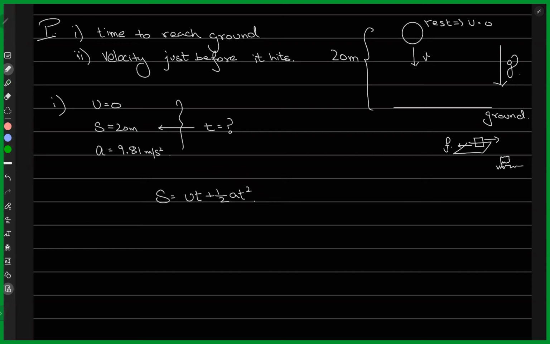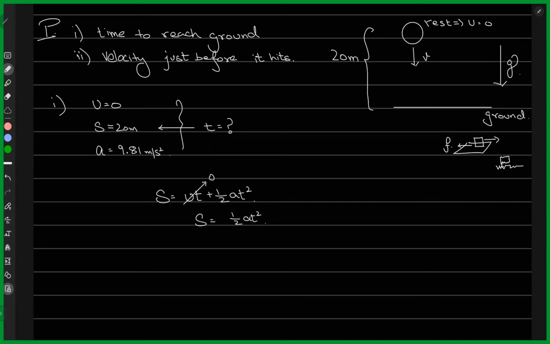This equation might be difficult to factor out t, well, it's not really difficult, but you see that u is 0, so this term will become 0 because 0 multiplied by anything is just 0. Then you are left with half at squared. So the equation is s equals half at squared.